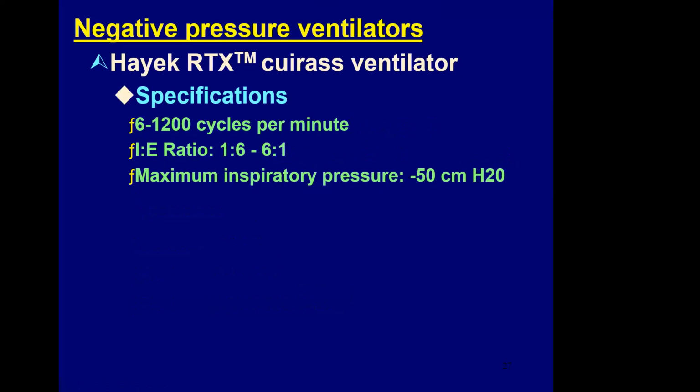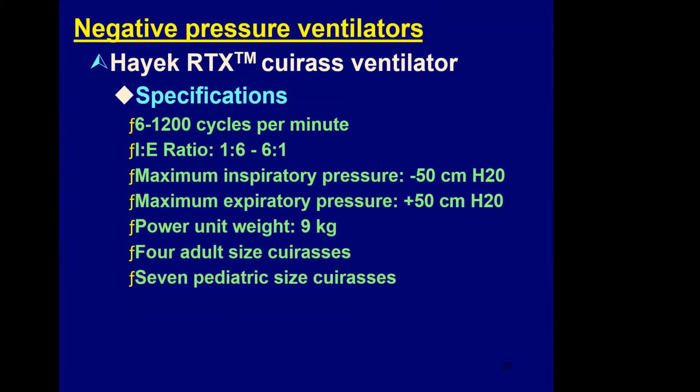Specifications of the Hayek. The rate is 6 to 1200 cycles per minute. Obviously, the 1200 is the high frequency. I:E ratios can be varied from 1 to 6 to 6 to 1. The maximum inspiratory pressure is 50. The maximum expiratory pressure also is 50 centimeters.